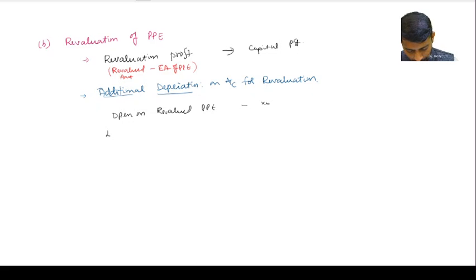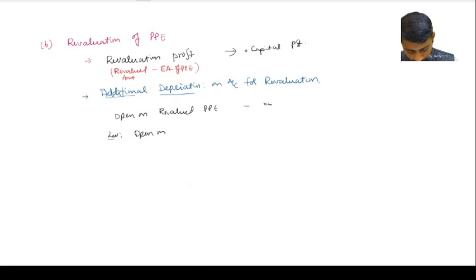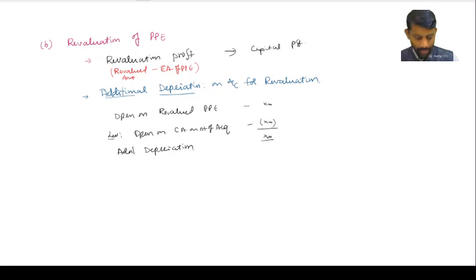Depreciation on revalued PPE less depreciation on carrying amount on the date of acquisition. So what you get is called additional depreciation. Correct? That is, on the revalued PPE, what depreciation you calculate minus depreciation on carrying amount on the date of acquisition, you get additional depreciation.